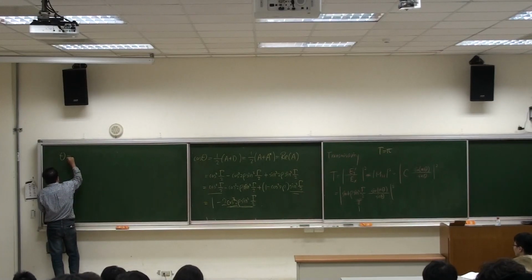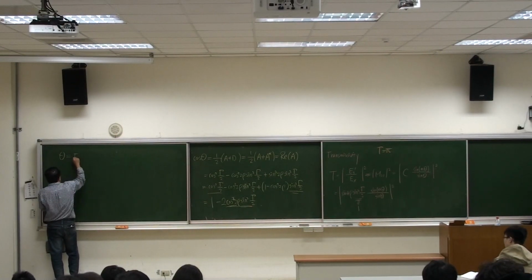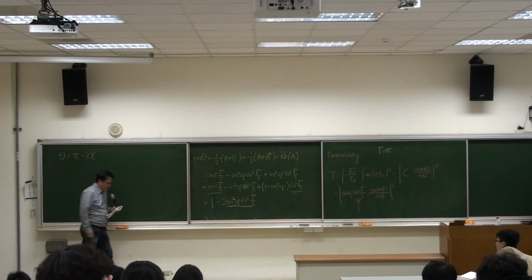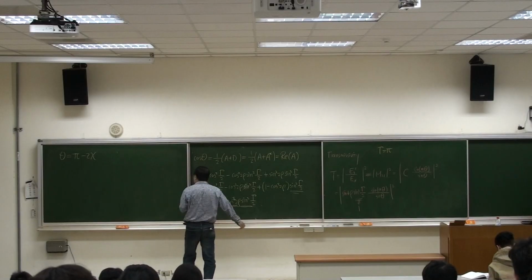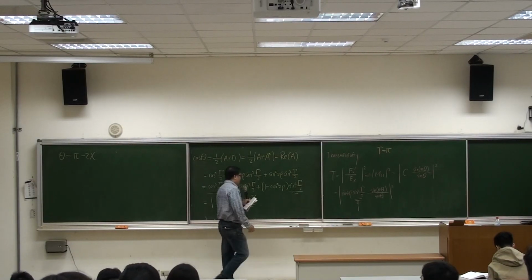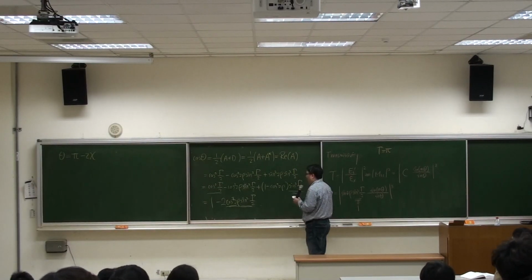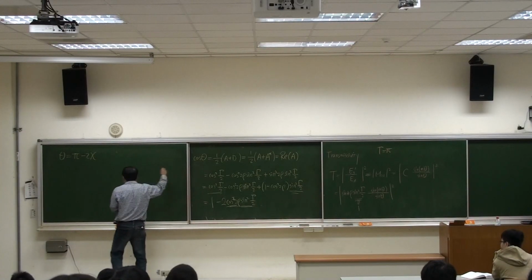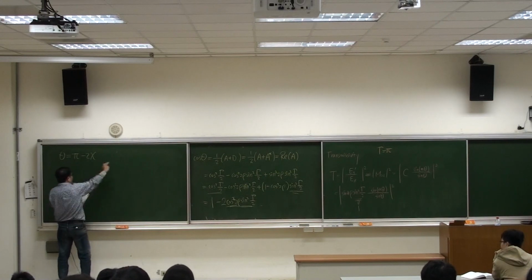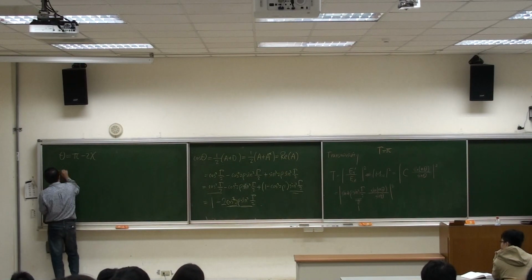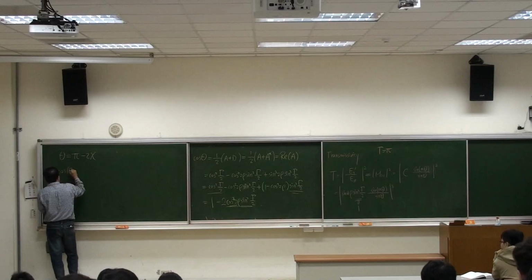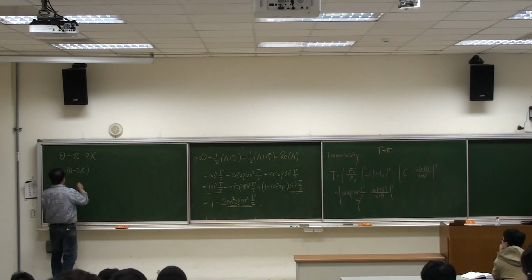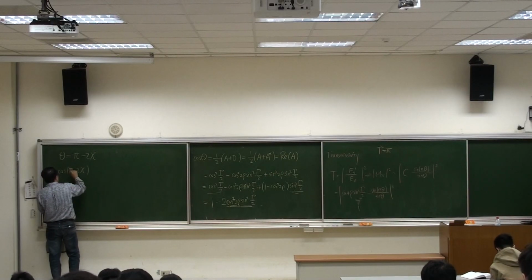We change our variable from theta to chi. We assume theta to be pi minus 2 chi. If we substitute this expression into cosine theta, we get cosine pi minus 2 chi.